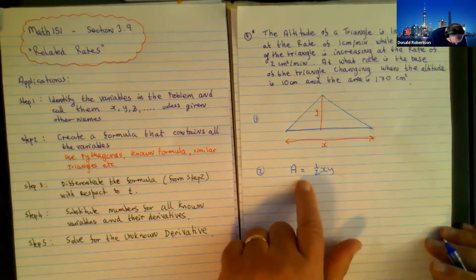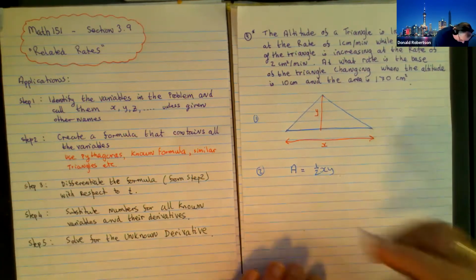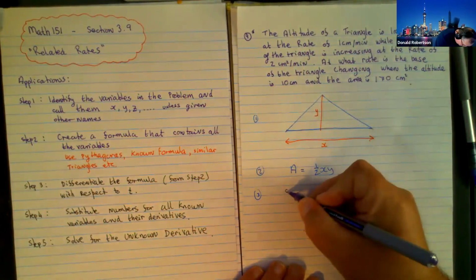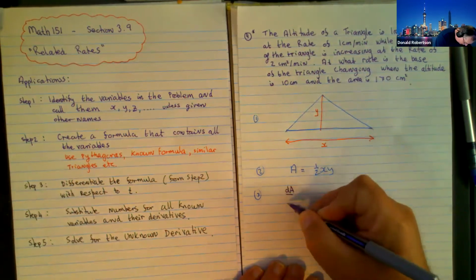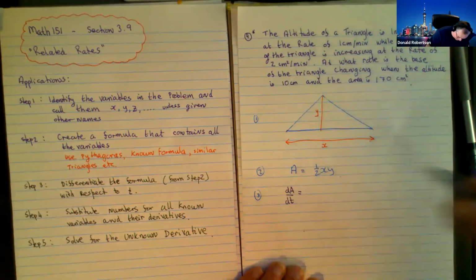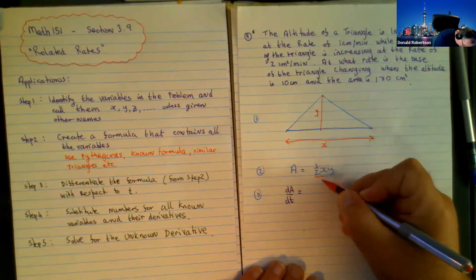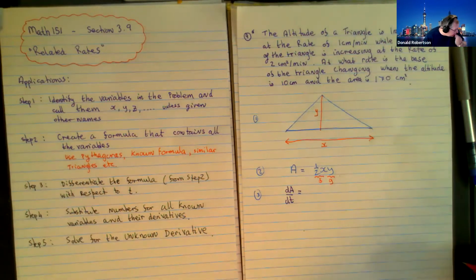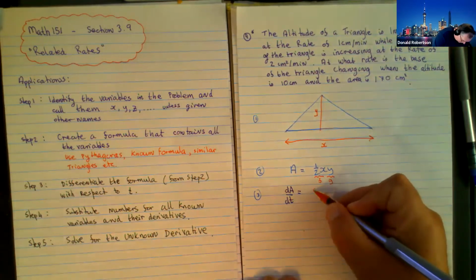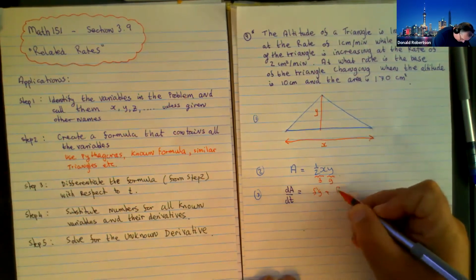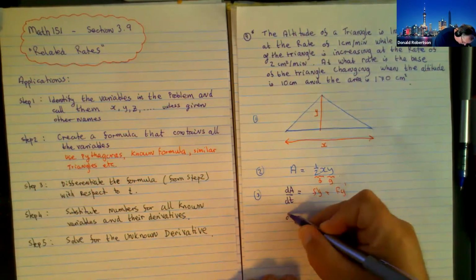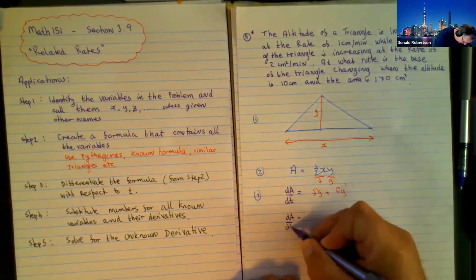Step 2: now we need to differentiate this guy with respect to t. Differentiate A, you get dA by dt. Do you recognize that since these two things are multiplied together, if I want to differentiate it, I'm going to have to use a product rule? So it's going to be f dash g plus f g dash. So dA by dt, right.